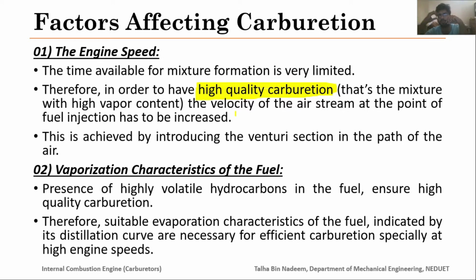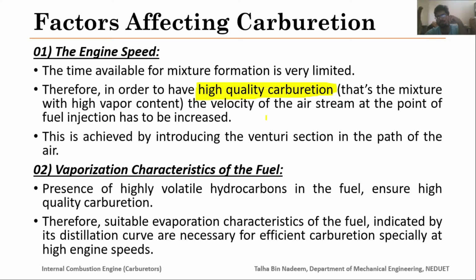So here in the carburetor, since we want to increase the velocity of the incoming air stream, we have a nozzle section which will increase the speed of the air. When the speed is increased, the pressure will reduce, and that pressure difference will allow the fuel to move from one section to another, into the Venturi section. I will discuss these parts later as well.